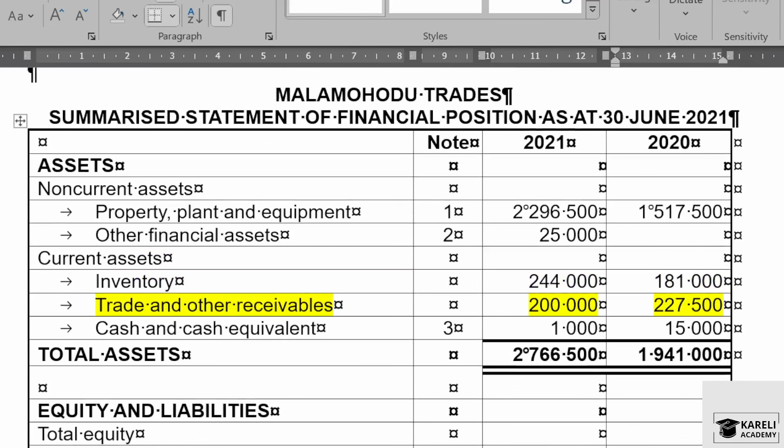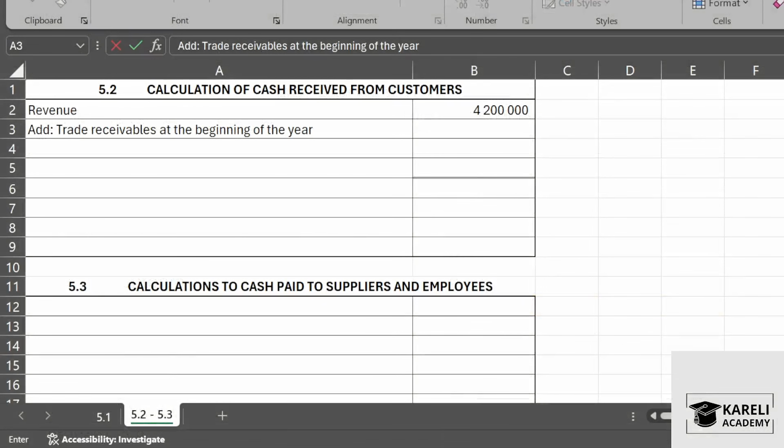Now, at the beginning would be 227,500. At the end would be 200,000. Right? Let's go to our answer sheet. At the beginning of the year, we said it will be 227,500.